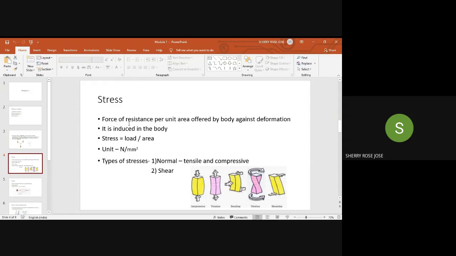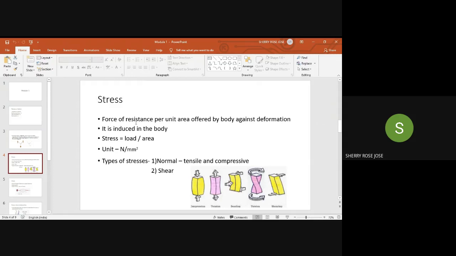Stress is the force of resistance per unit area offered by the body against the deformation. Deformation in the sense, when you look at this diagram, when a load is applied, there is some change in the shape of this body, and that is termed as deformation.